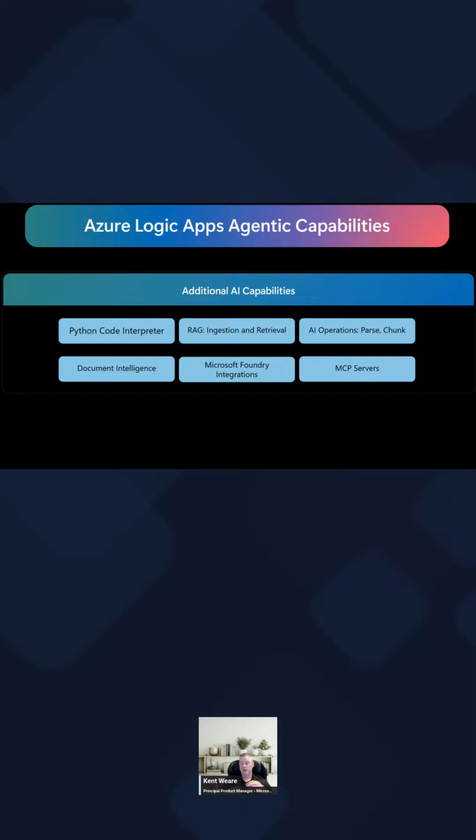So if you had, say, a spreadsheet and wanted to analyze it, you can use AI to construct some code that would execute and allow you to do that.